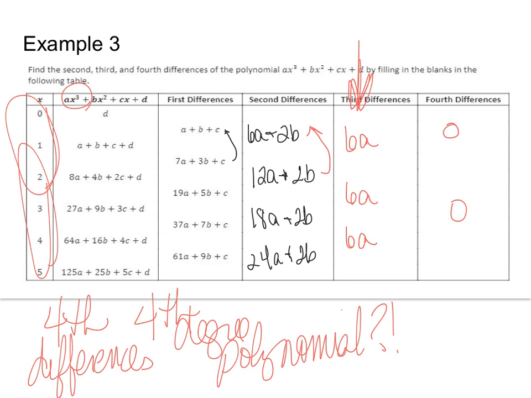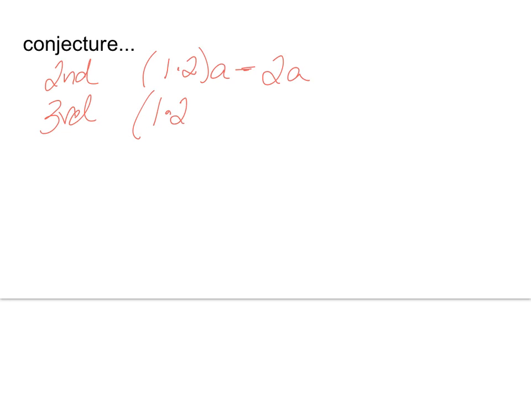Okay, you might think that... let me see if I have another page here. We're probably going to have to go back to some pre-algebra to explain this. But if we have a second degree polynomial, we got 2a, and that really is 1 times 2a. A third degree polynomial, 1 times 2 times 3a, which is 6a.